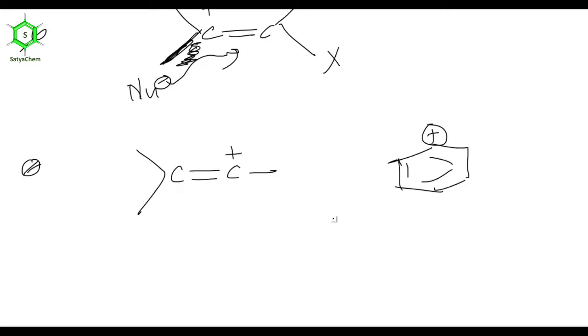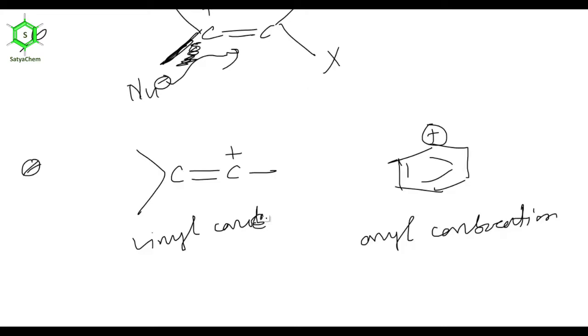This aryl carbocation, here it is phenyl carbocation, has no stability. Any aryl carbocation, which needs linearity at the carbon bearing the positive charge, is impossible to attain. Thus, Sn1 is most unlikely. Is that clear?